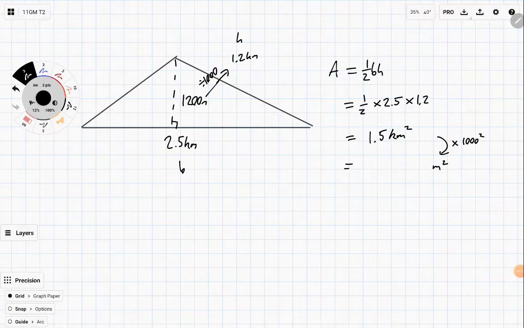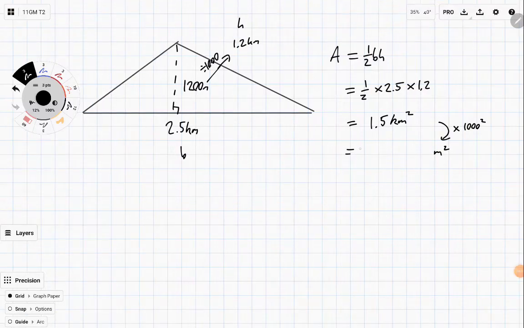So let's go 1.5 times 1,000 squared, and it's 1,500,000 square metres. Alrighty, and now we want to get to hectares. We're going to divide by 10,000, which is going to give us 150 hectares.